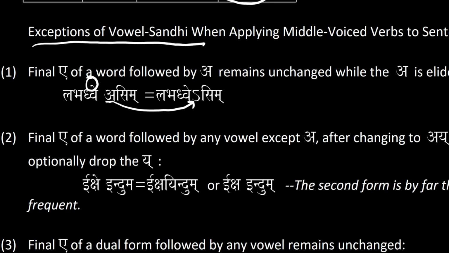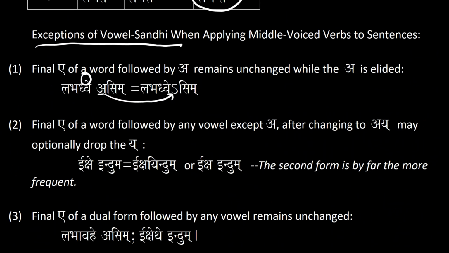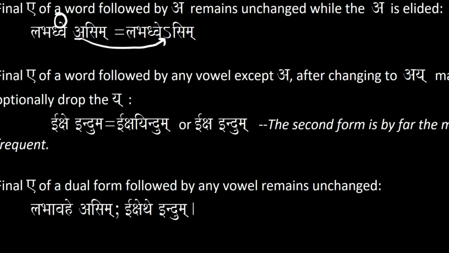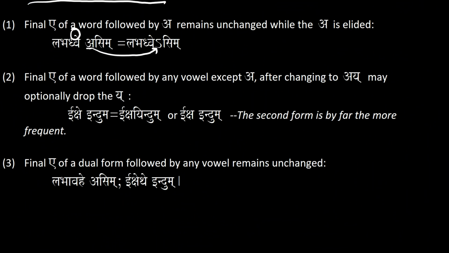Now, for number 2, this is another vowel sandhi that we already went over earlier in the course. A final a of a word followed by any vowel except a, after changing to ya, may optionally drop the ya. And when it is optionally dropped, that form we're going to see more often than the ya.